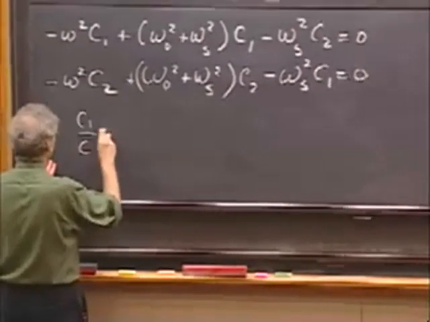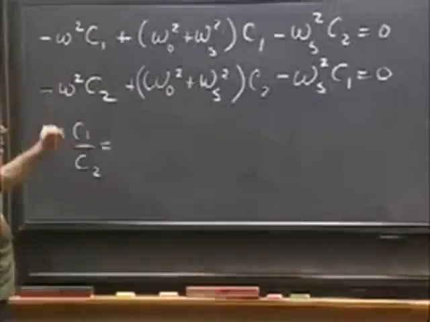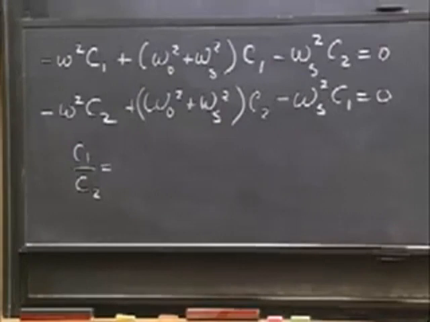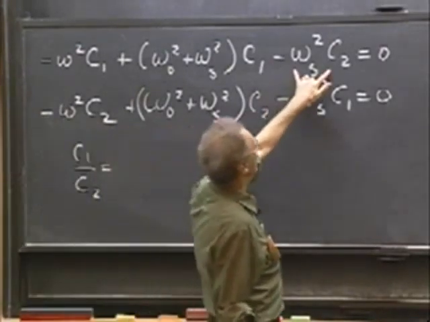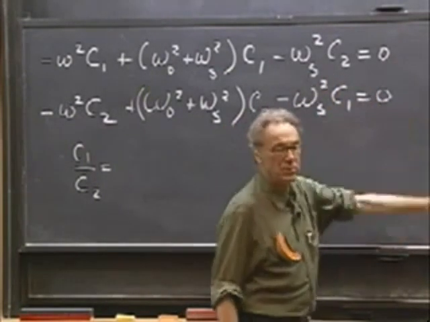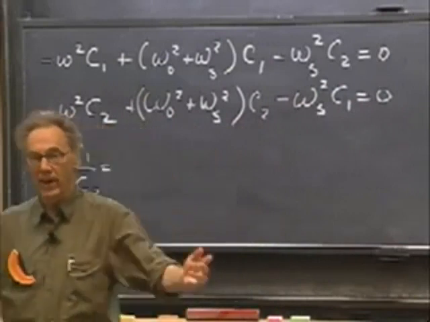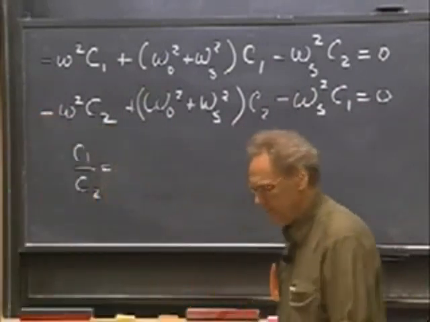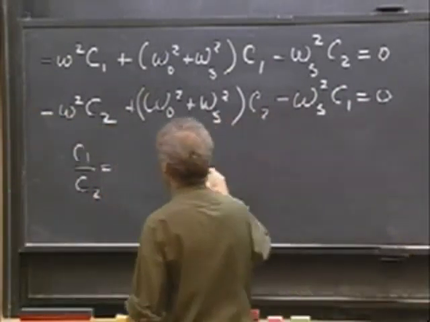c1 divided by c2. I go to the first equation. And this is not so hard, what I'm doing. I put in my mind this on the right side. So I get a plus omega s squared times c2. And then I divide c1 by c2. And so what I get then is the following.